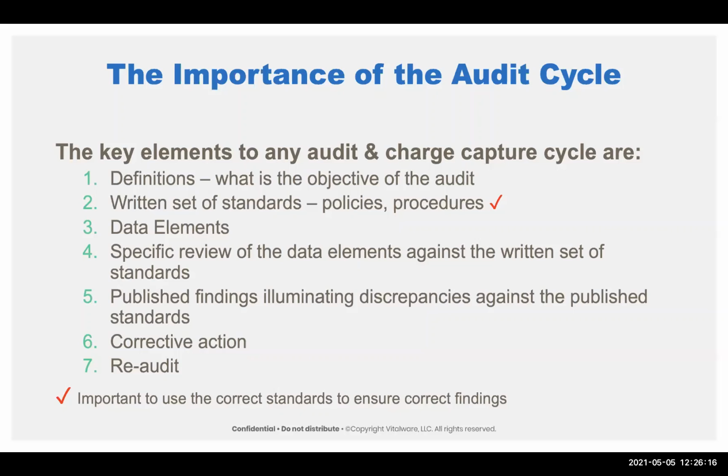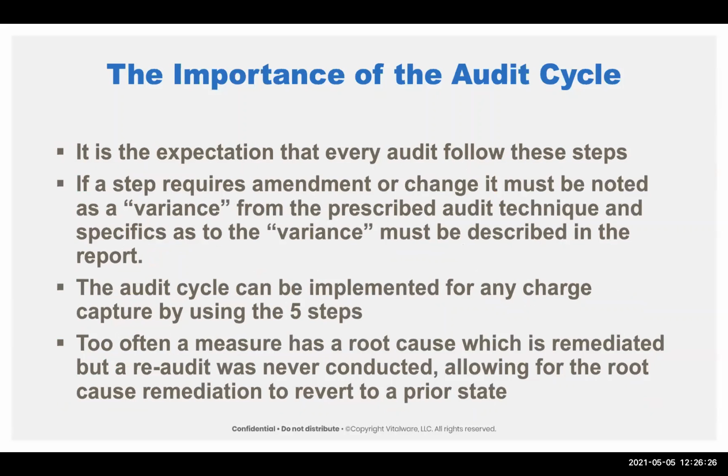So 6 and 7 go hand in hand. If you correct it, you need to make sure it stays on the tracks and doesn't derail at some point because we've gone back to our old ways. The importance of the audit cycle is an expectation that every audit follow those steps. No deviation whatsoever. If a step requires amendment or change, it must be noted as a variance.